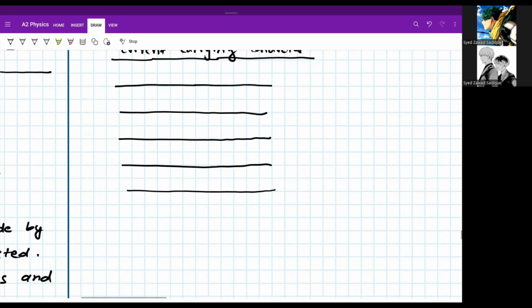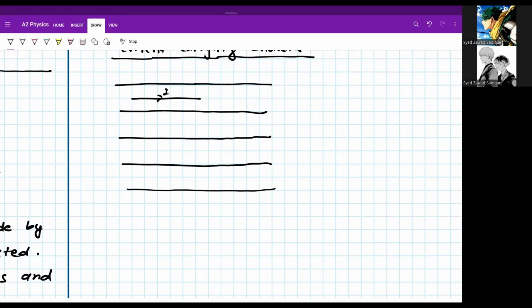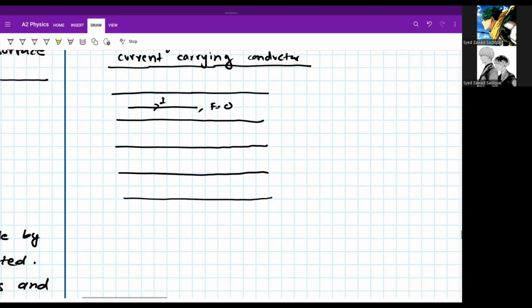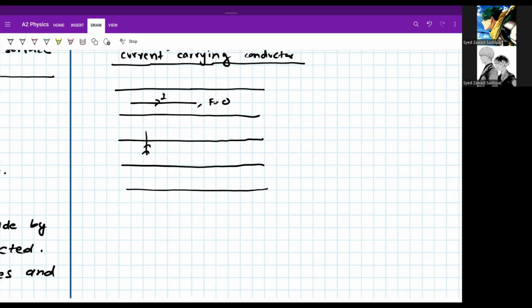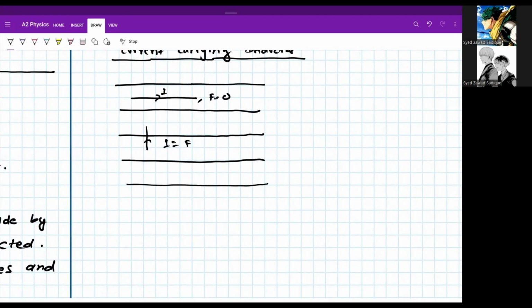Now if the current is parallel to the magnetic field, force is equal to 0. If the current is perpendicular, force is equal to BIL, and this is max.